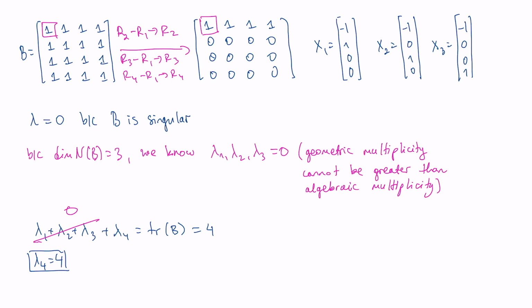To find the eigenvector corresponding to this value, I have to subtract 4 from the diagonal of B. And what I will have is 1 minus 4 is a negative 3, and everything else is a 1. Now, I know that I can only find one eigenvector.